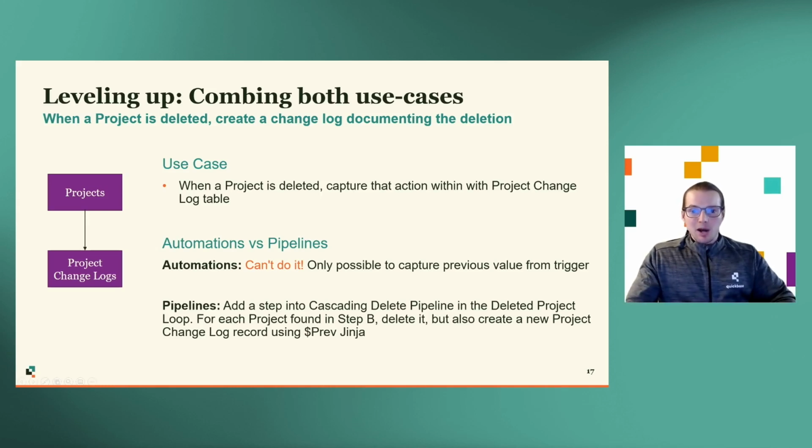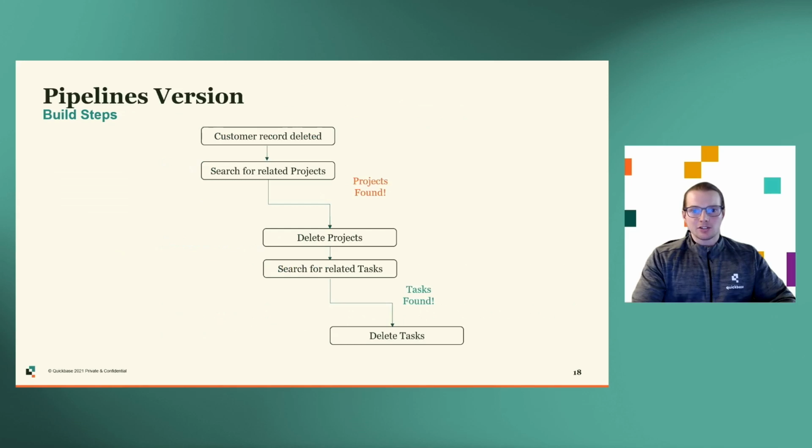The good thing is pipelines can do that. Pipelines doesn't need to have the record that we're trying to capture values from be the triggering record like automations do.